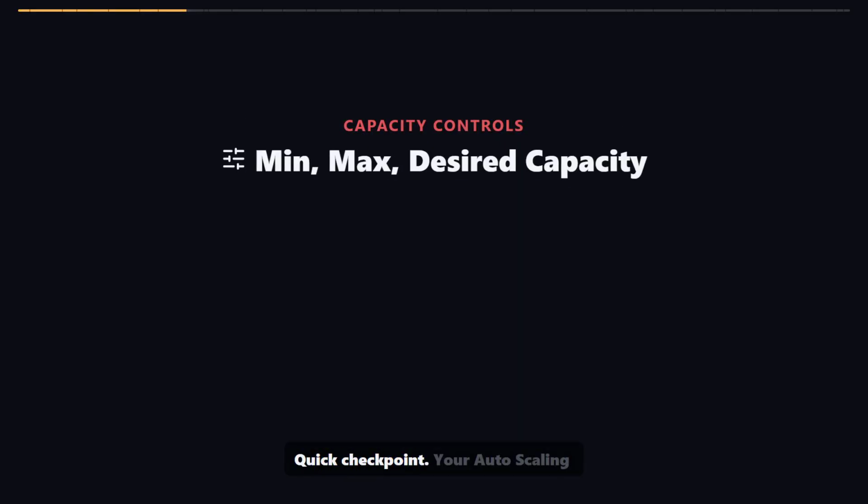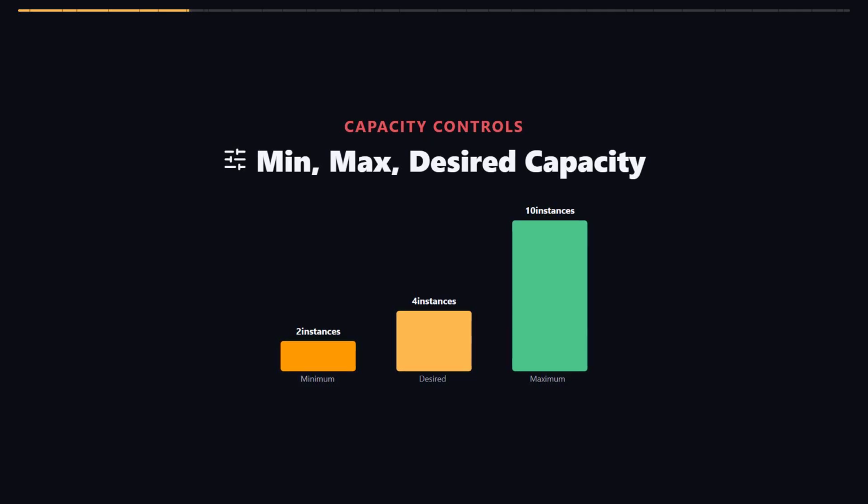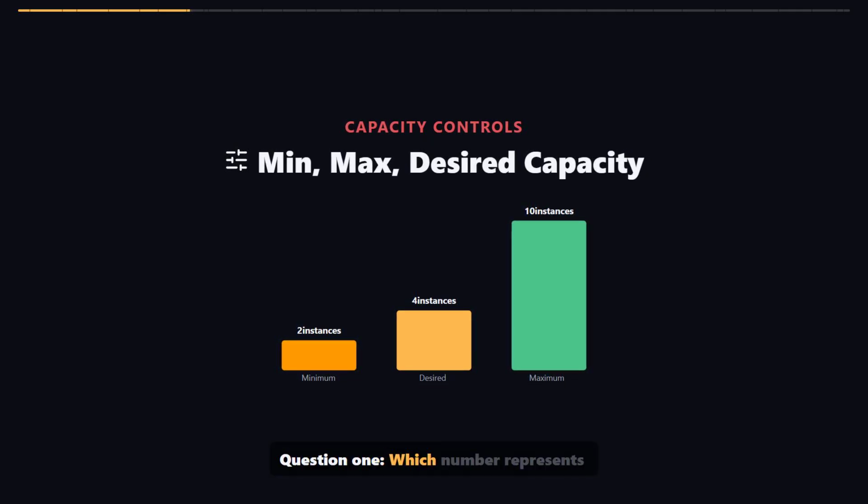Quick checkpoint. Your auto-scaling group is configured with minimum 2, desired 4, maximum 10. Question 1. Which number represents the group's current capacity target? Desired capacity 4. Question 2.